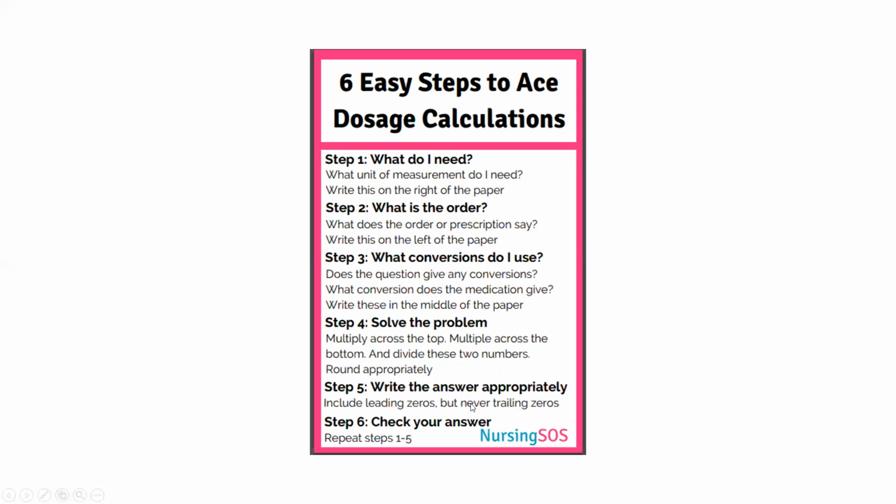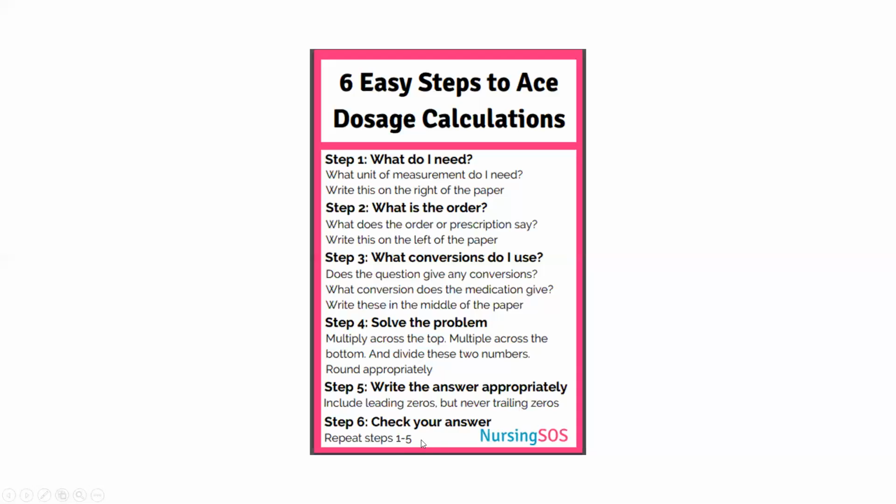I hope that we talked about this in class, the use of leading zeros, the zero that comes before the decimal, but not a trailing zero. So when rounding, don't use a zero after a number, but definitely we want to use a zero before a decimal to indicate that it is a partial number.